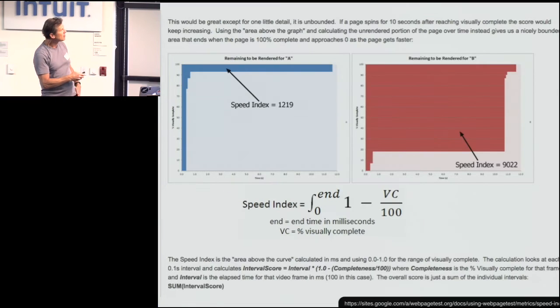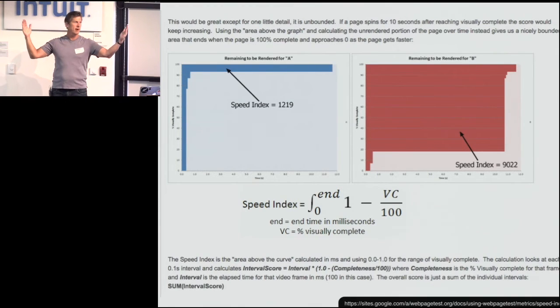Speed index, a little more complicated. It's this area above the curve of pixels rendered over time. Here's the way I think about it. You have a timeline, 0 to however long it takes the page to load, 9 seconds. At 0, 0 pixels are painted. Maybe after 400 milliseconds, the first pixel gets painted. And then more pixels. And there's a total of 12 million pixels, or 4 million, or whatever your viewport is, that have to be painted.